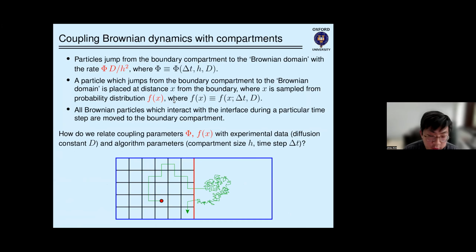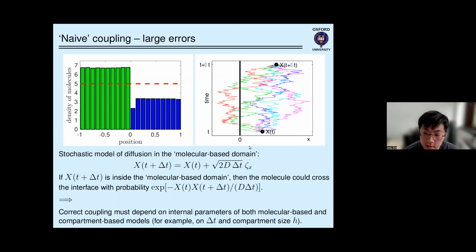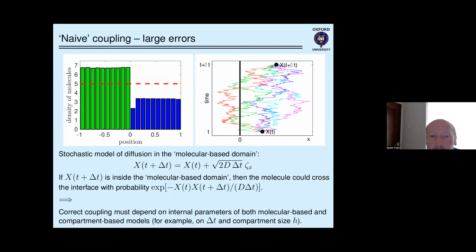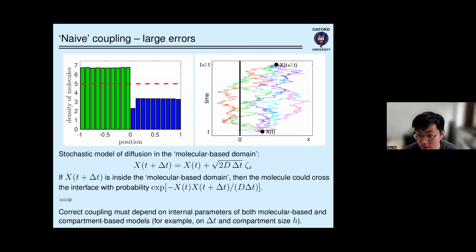So Radek, I have a question. If I understand correctly, on the molecular-based domain you discretize the time, and on the compartment-based domain you discretize space. So we have to couple this discretization in some sense, right? To get a good simulation.